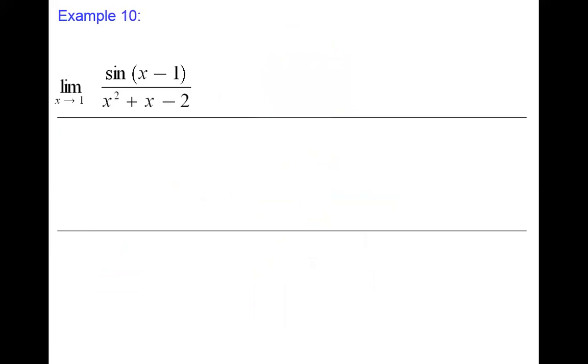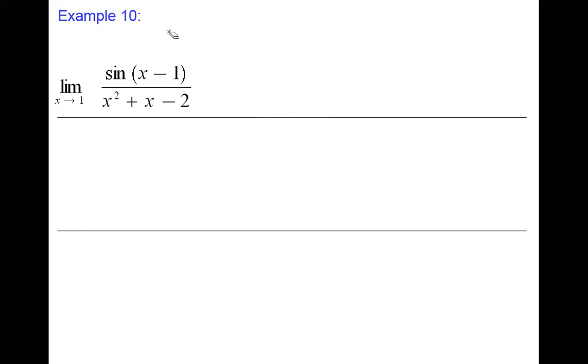Example number 10. Oh, really nice exam type question. Limit as x approaches 1. Okay, a little bit different. And then sine of x minus 1 over x squared plus x minus 2. Let's use direct substitution. Substituting 1, I have 1 minus 1, sine at 0. 1 minus 1 is 0.